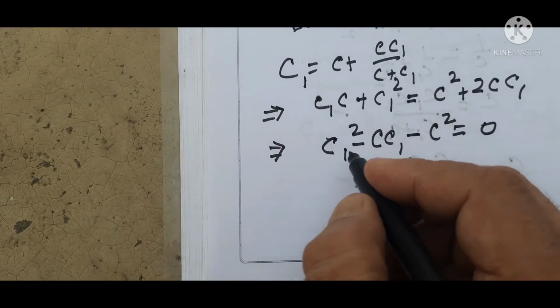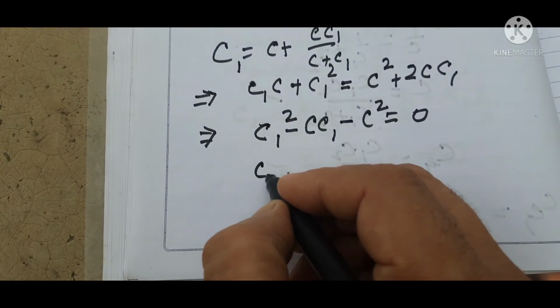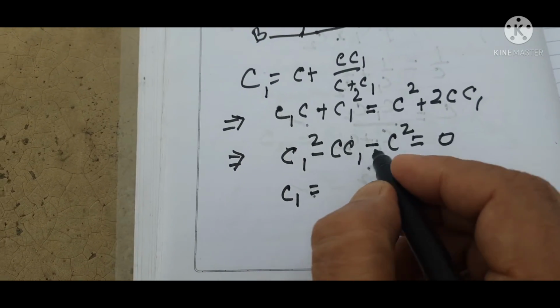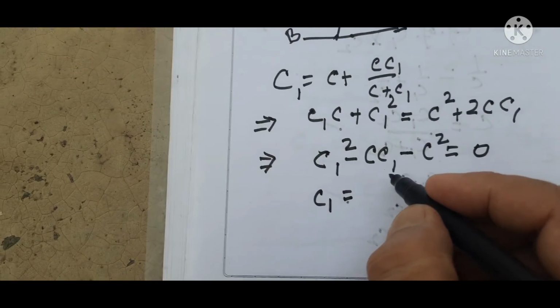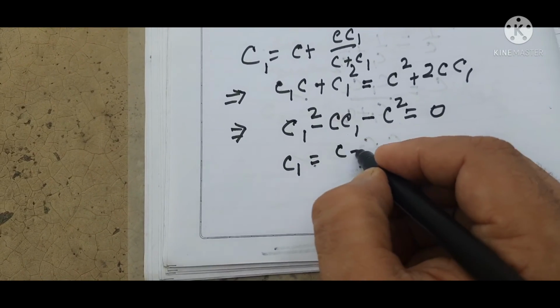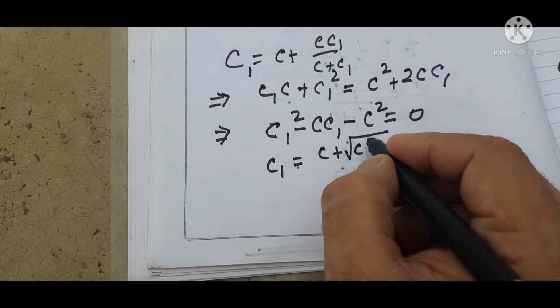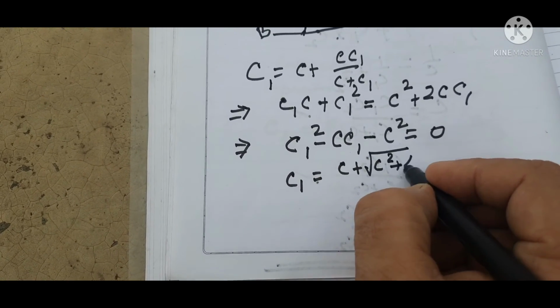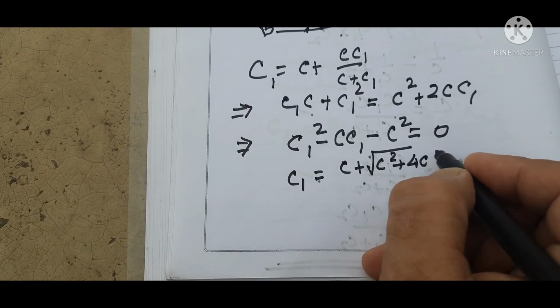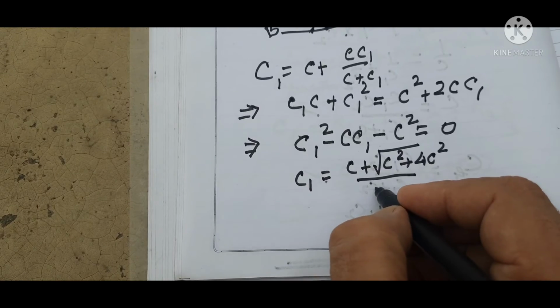Now this is a quadratic equation. Find the root. C1 is equal to minus b plus minus root of b square minus 4ac. In that particular form, what we get is C plus under root C square plus 4C square, by 2.